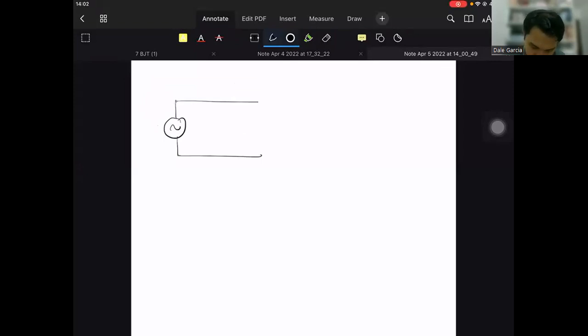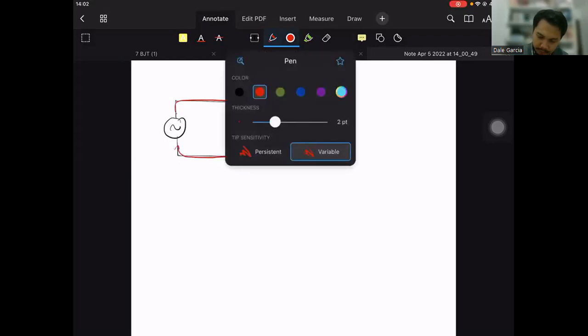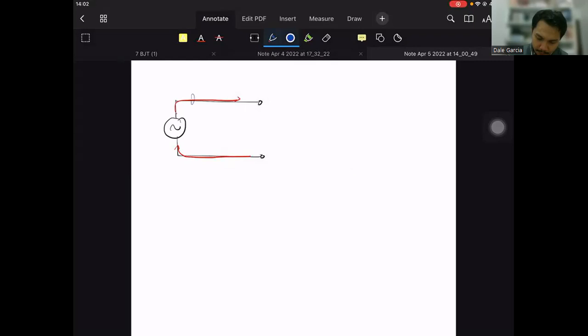Open circuit. Because of the existence of current, there's magnetic field.